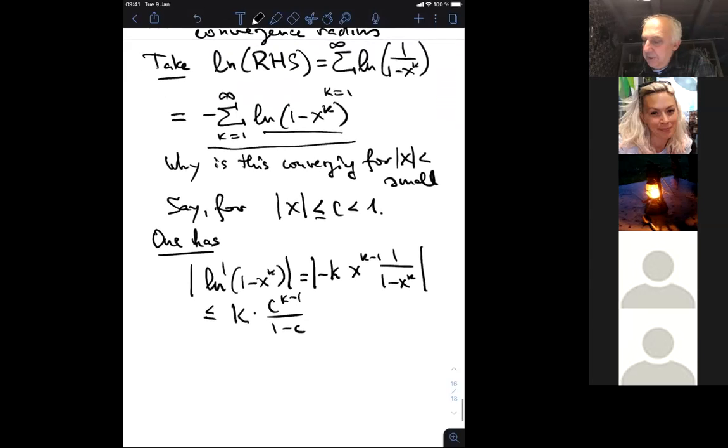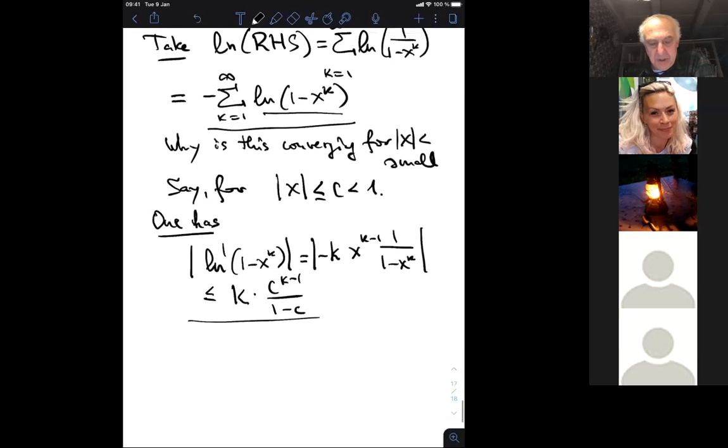Now, if we use this estimate, we look at the sum k from 1 to infinity. We are taking the series which consists of the absolute values of logarithms. So this would be a series like this.